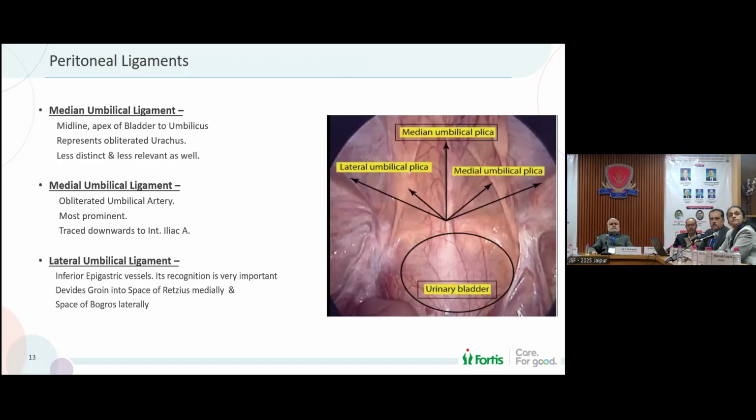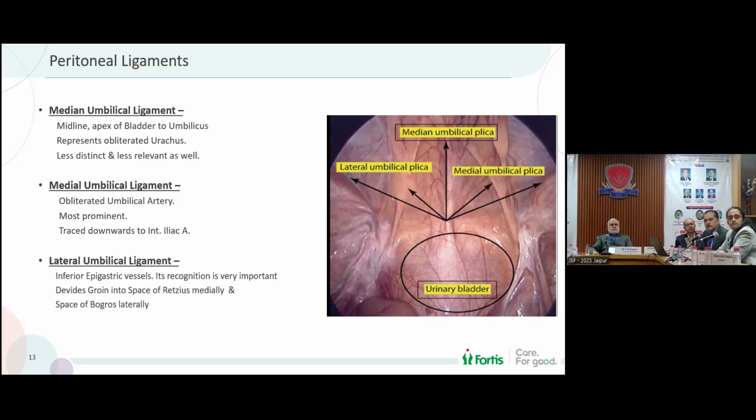The median umbilical ligament is the first, which sometimes you cannot see, but it is in the midline, raised by the urachus, and extends from the apex of the urinary bladder to the umbilicus. Then there is the medial umbilical ligament, which is raised by the obliterated umbilical artery. This is the most prominent umbilical ligament, traced downwards towards the internal iliac artery.